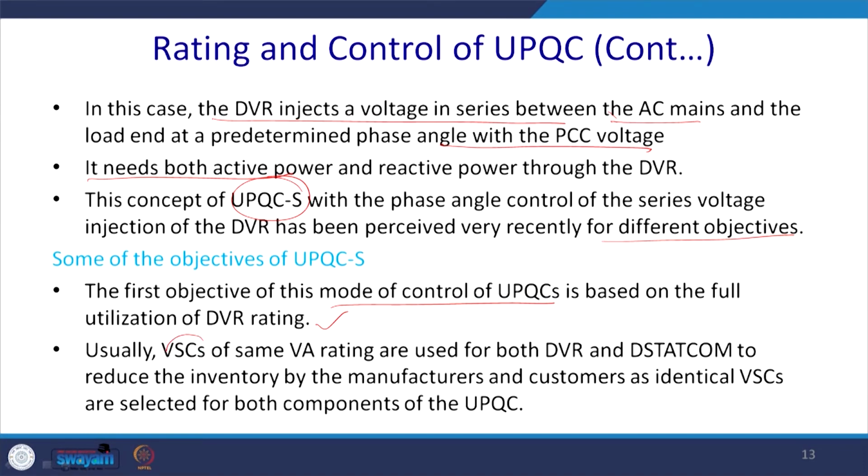Usually, VSCs of the same VA rating are used for the DVR and the D-STATCOM to reduce the inventory for manufacturing. Also, if you have different voltage ratings for different switches, your inventory cost will increase. So, we try to maintain the same voltage level for the DVR as well as the STATCOM.